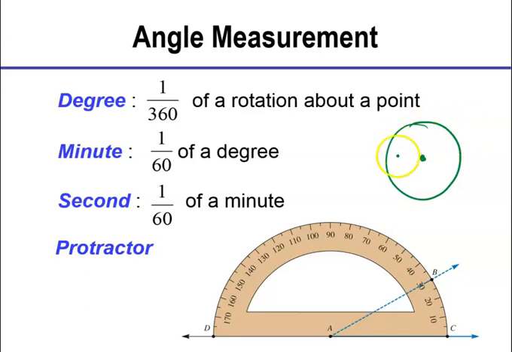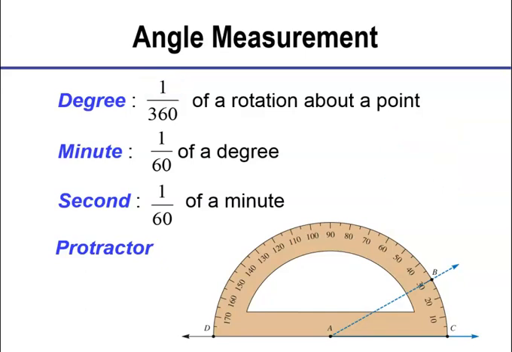If I divide that into 360 parts, one of those is 1 degree. Now a minute, we split that up. We take 1 degree and we split it into 60 parts of a degree. So a minute is 1/60th of a degree. A second is 1/60th of a minute.